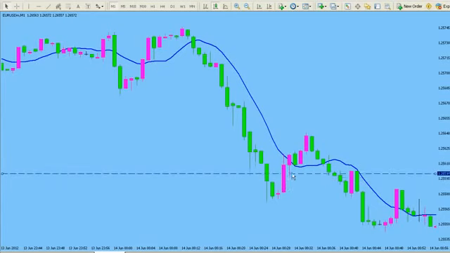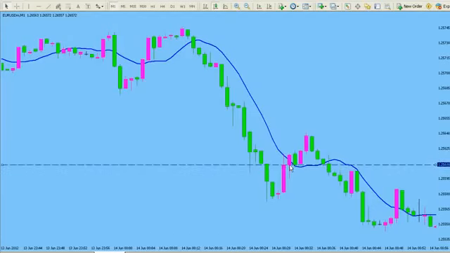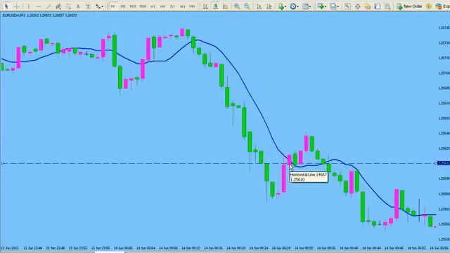But if you use this one, for example, instead of that one, and I guess I can show you that on another chart, but if you use this one instead of that one, now you have a double confirmation that it's time to get out.